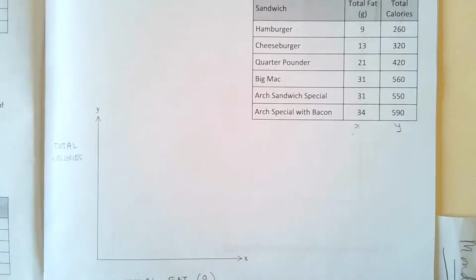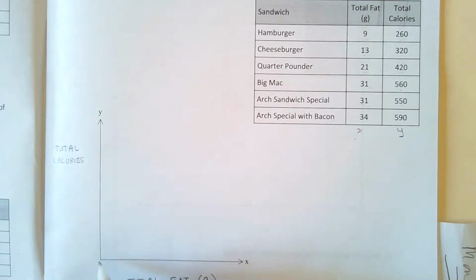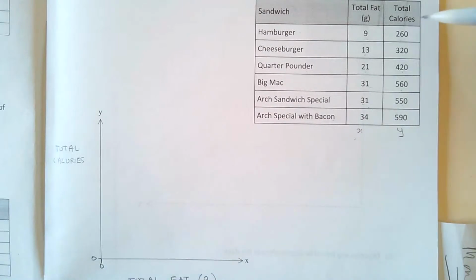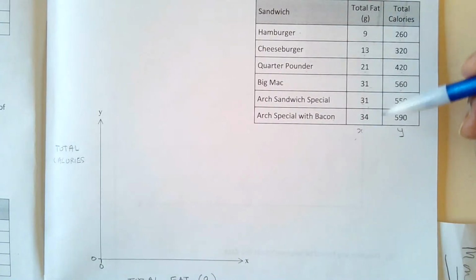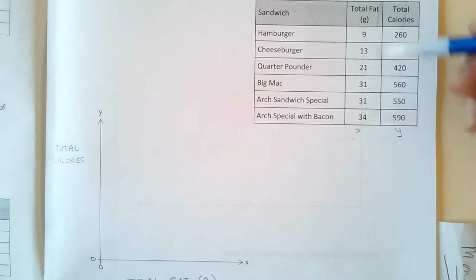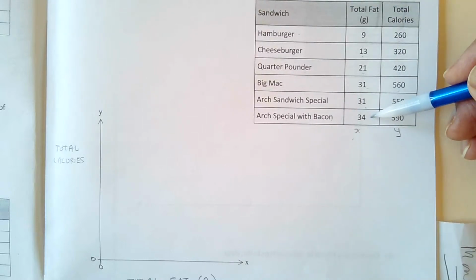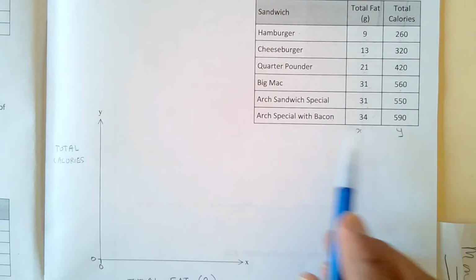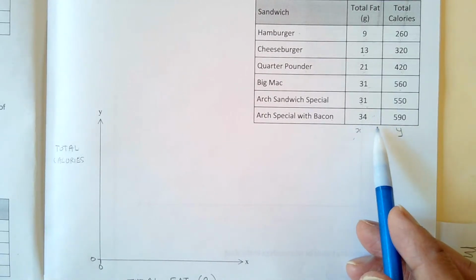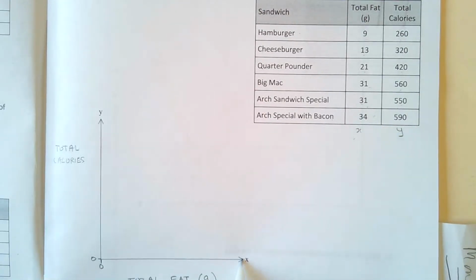Now, our scale, next thing we look at our scale, we'll start from 0 here. Notice for x coordinate, the highest value here, or number of fat, is 34. So you want to go a little bit higher than 34, so we'll make it 50. So we'll scale from 0 to 50.